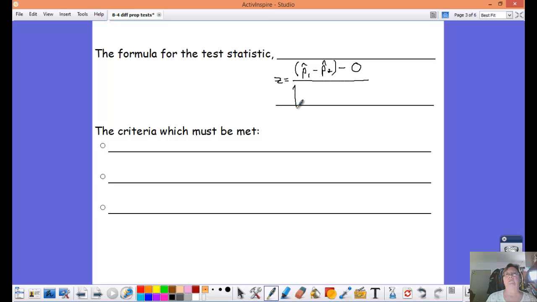Over the standard error, which we've just described as being a pooled standard error from both samples, so it's the square root of p-hat q-hat times 1 over n1 plus 1 over n2. Again, I want to make sure that we remember p-hat is the pooled success from both samples.